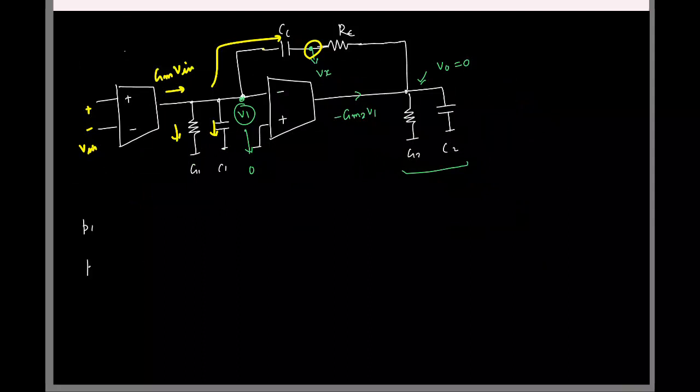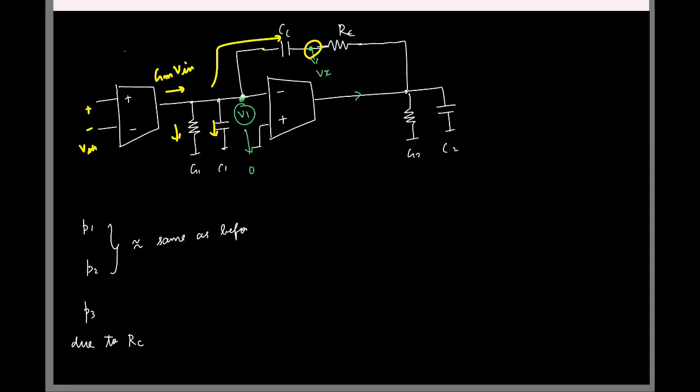The first 2 poles will be at the same location as before. We'll also have a third pole due to RC. Now let's try to find out where the 0 will be at. So let me erase all the clutter.